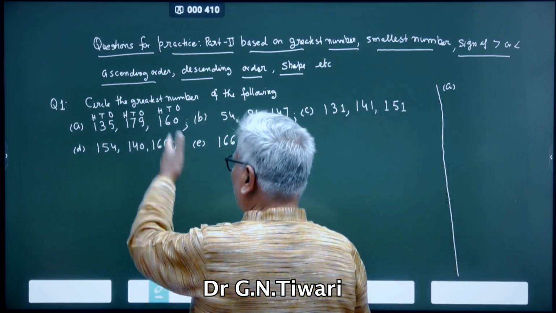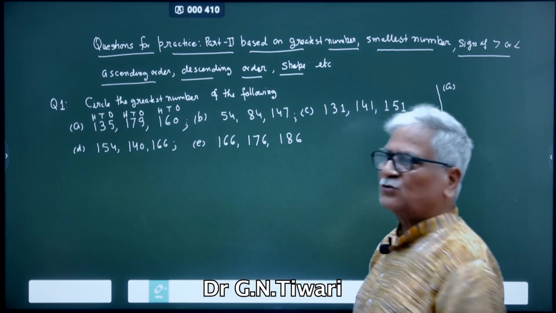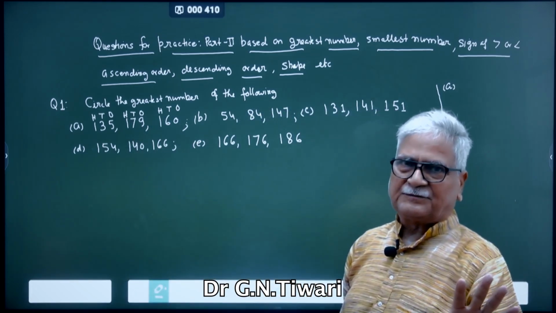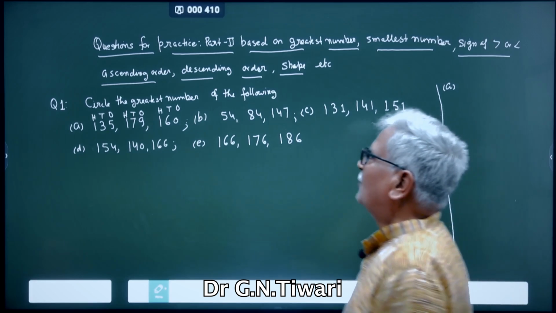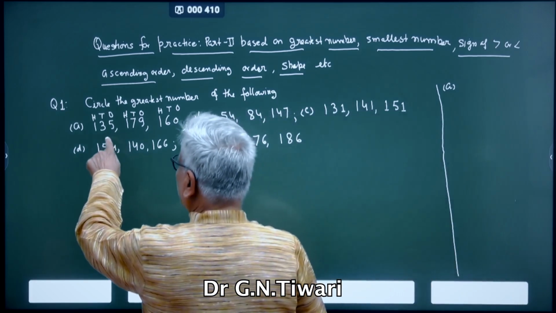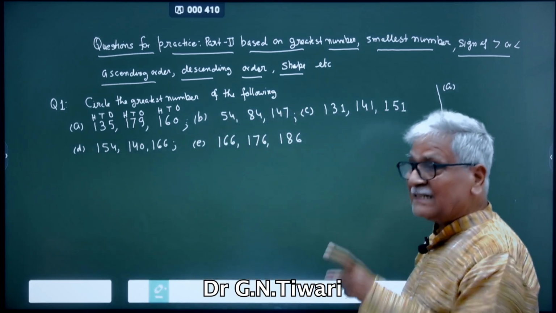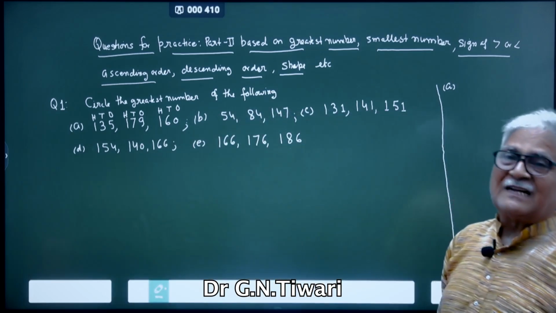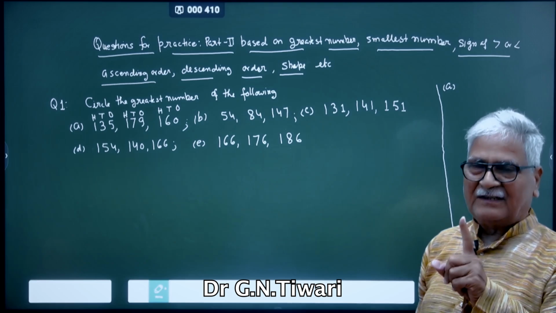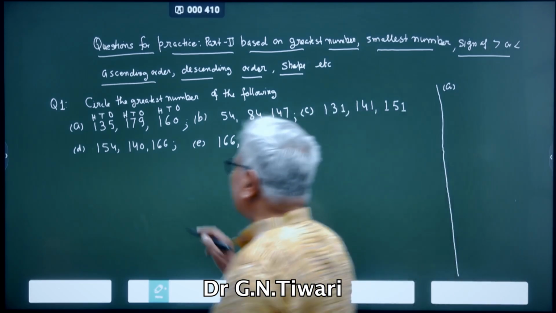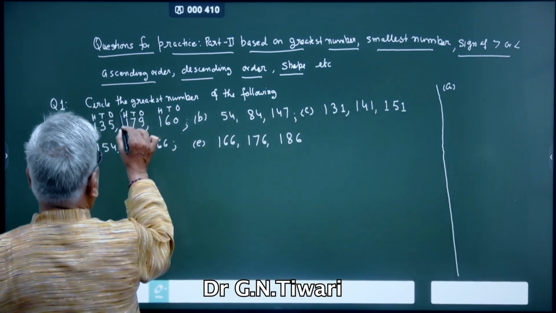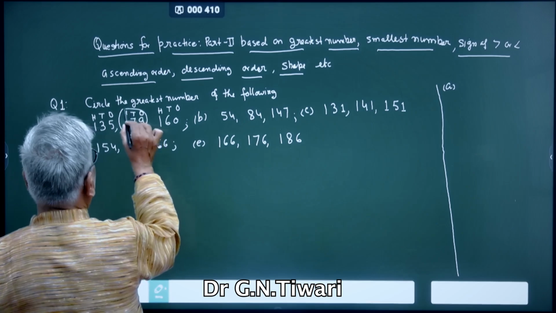So forget to compare the first digit. Now come for the second digit: 3, 7, 6. Out of 3, 7, 6, which one is the largest? 7. That means that digit is the largest digit.